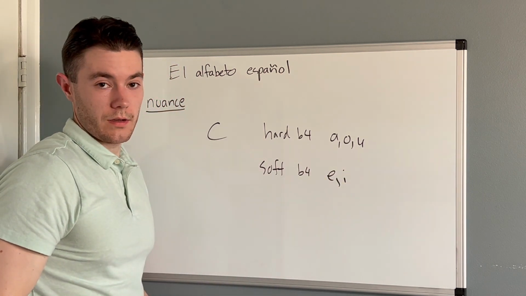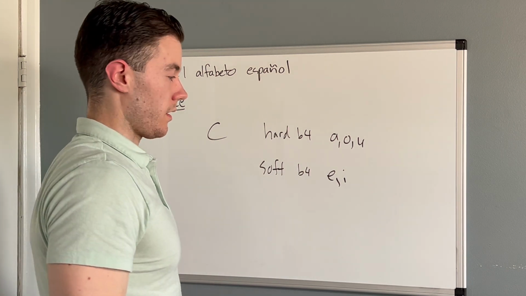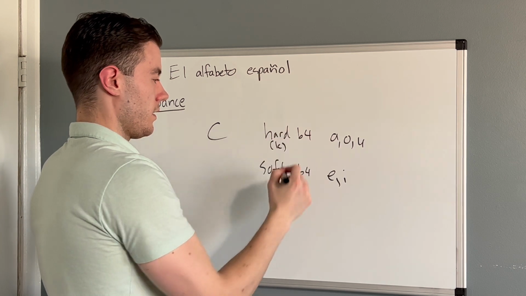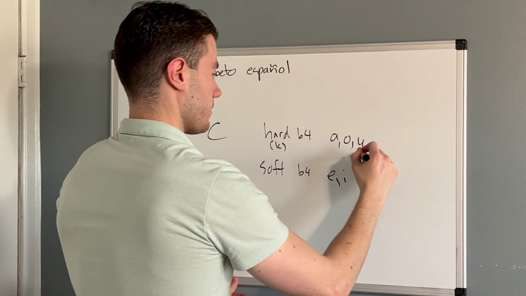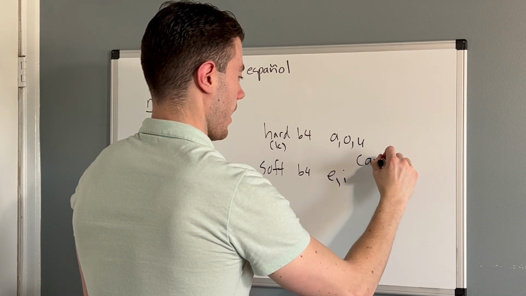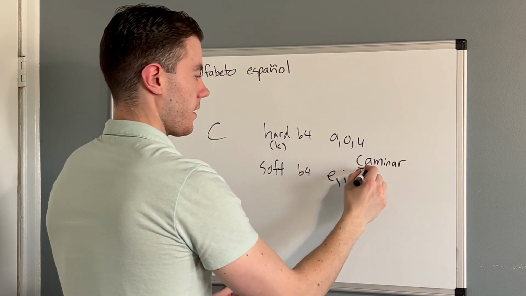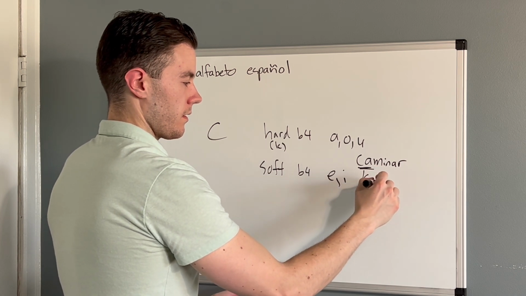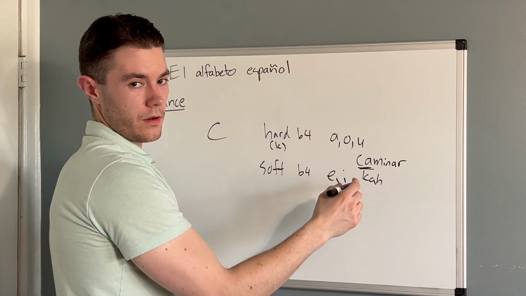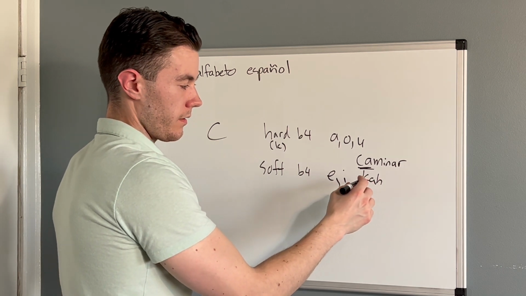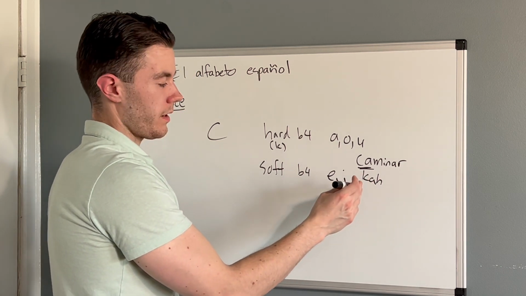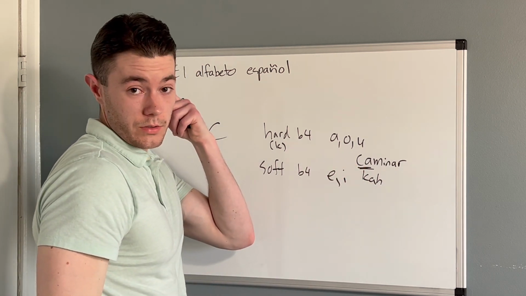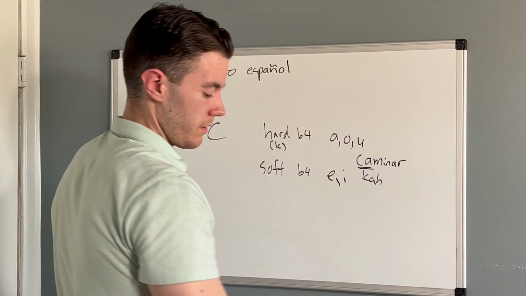Hard, it sounds like the letter K, or English K. So, caminar. It sounds like a hard K, caminar, like the letter K would make a K sound, but it's a C. It's before A, so it's a hard K, caminar.